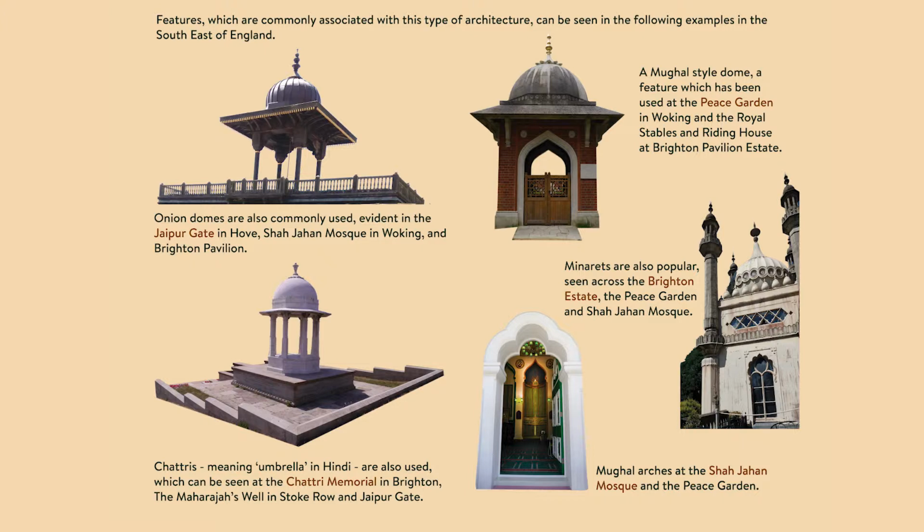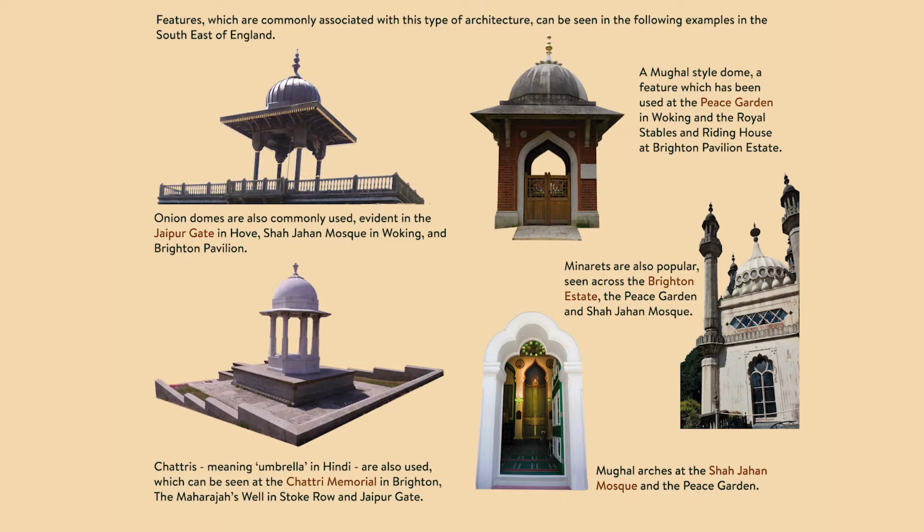If we think about the Brighton estate and wider field, there's an onion dome on the pavilion. Likewise, the Shah Jahan Mosque at Woking has a central onion dome. Mughal domes can be seen in Pordon's riding stables. They can also be seen in the Peace Garden at Woking, the Maharaj as well. So all those elements are suffused across all the buildings across the southeast.